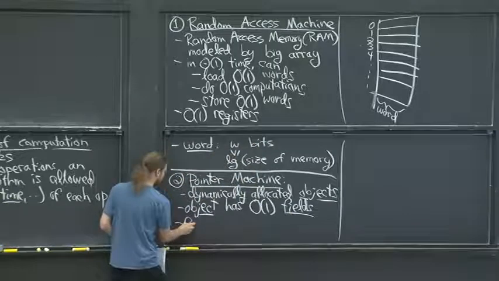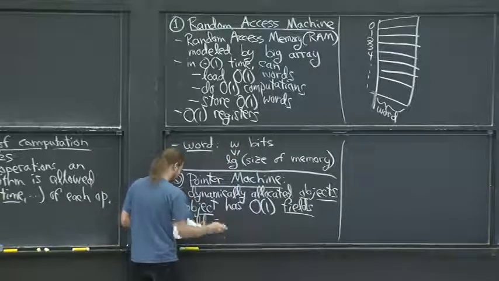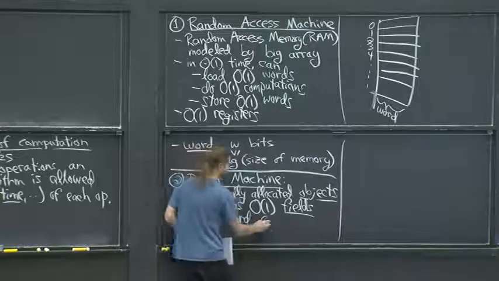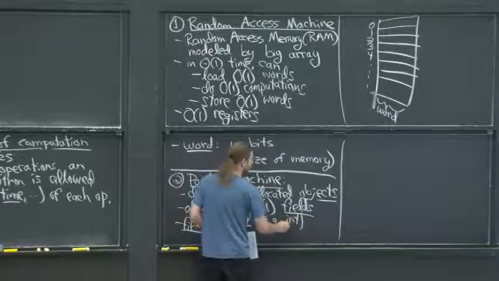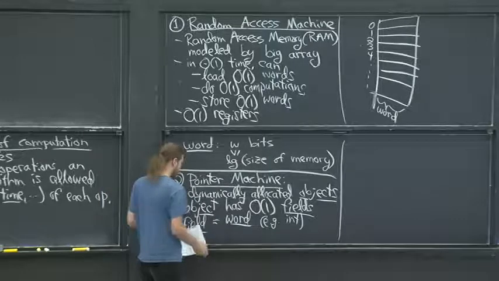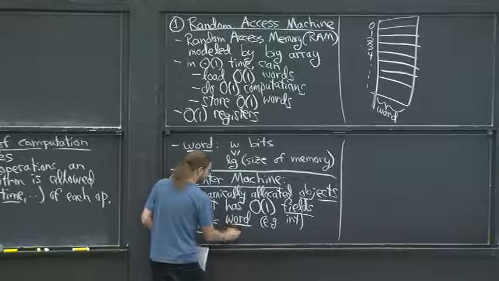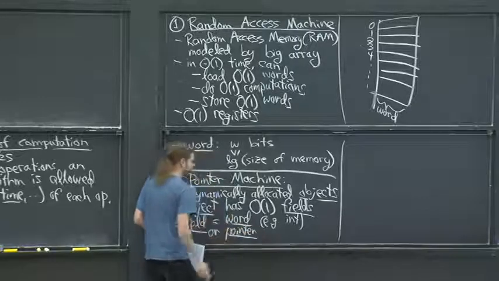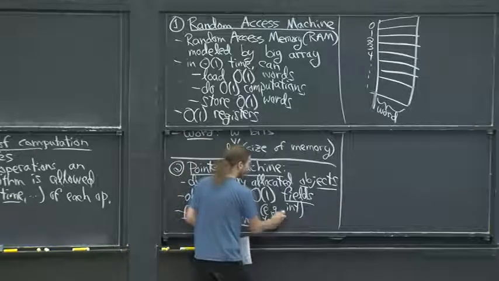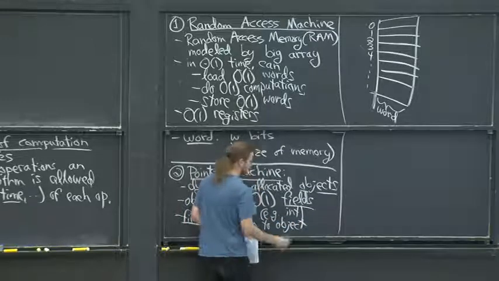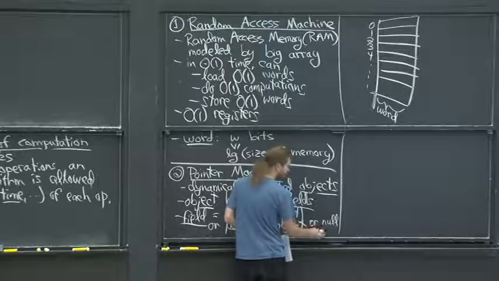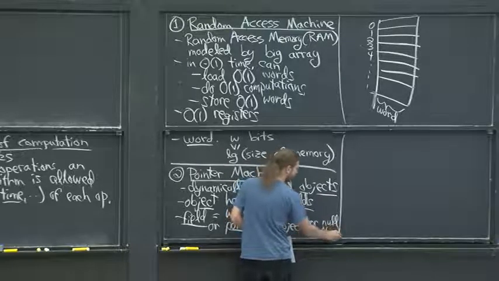And a field is going to be either a word. So you can think of this as, for example, storing an integer, one of the input objects, or something that you computed on it, or a counter, all these sorts of things. Or a pointer. And that's where pointer machine gets its name. A pointer is something that points to another object or has a special value null, also known as nil, also known as none in Python.